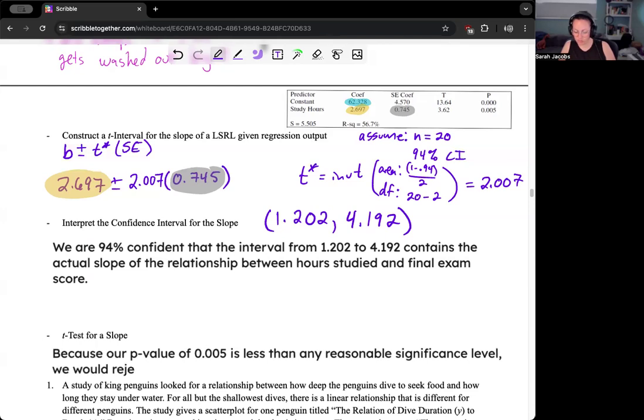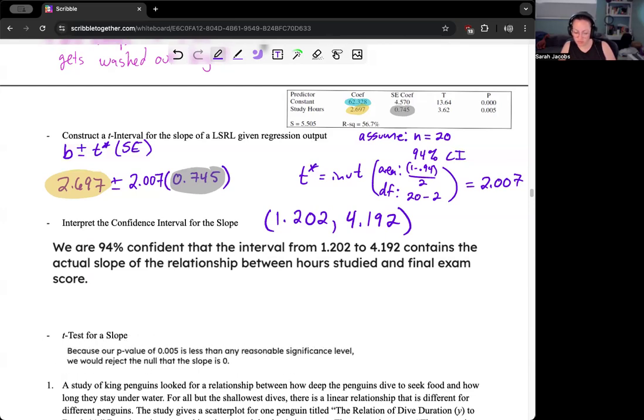We would reject the null that the slope is 0. So in these tests, the null is always going to be that the slope is 0. Okay, so there's sentence 1.